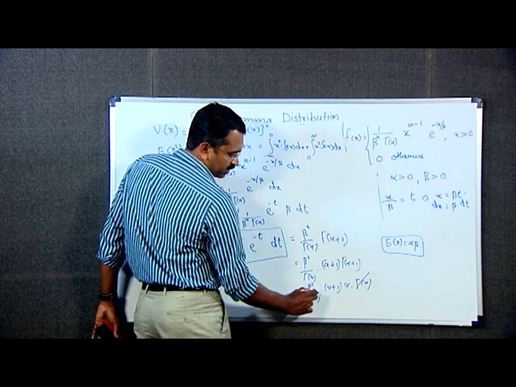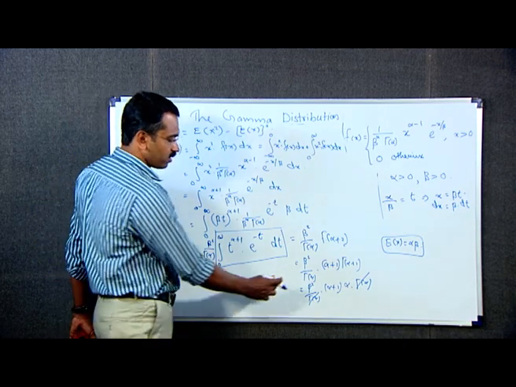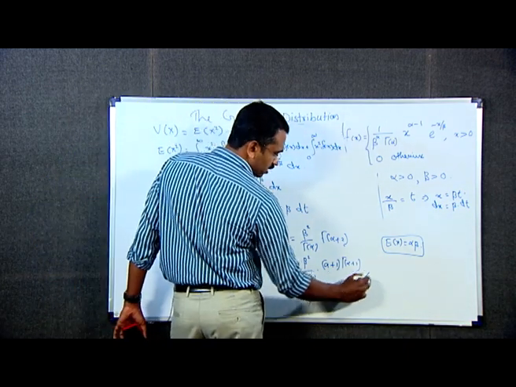Therefore, gamma alpha and gamma alpha cancelled. The remaining terms are alpha into alpha plus 1 beta square.